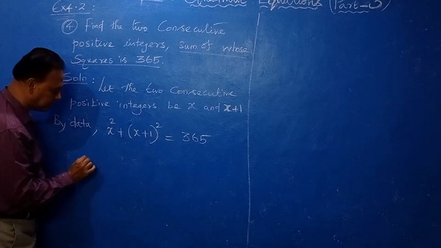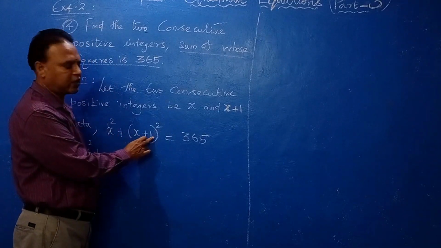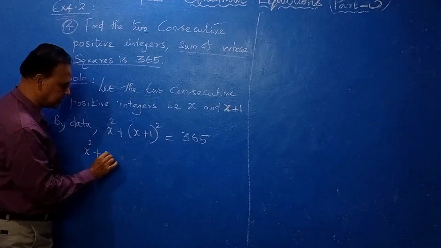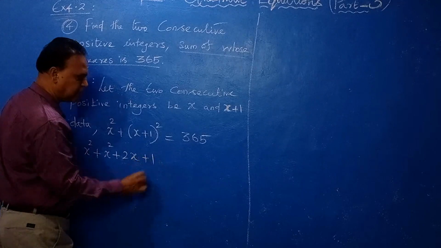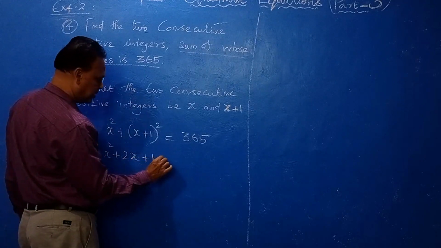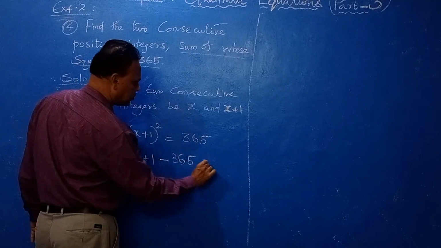So what you have to do is, x squared plus, here apply the a plus b whole square formula. A squared, that is x squared, plus 2x plus 1 squared is 1, minus 365, that's equal to 0.